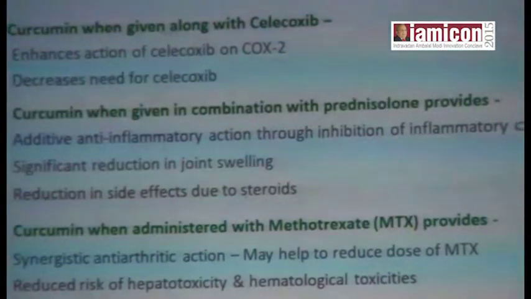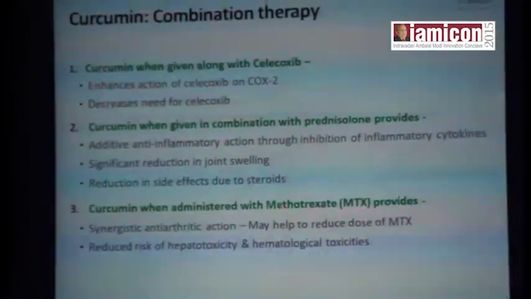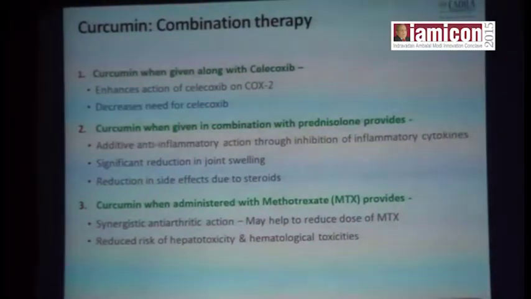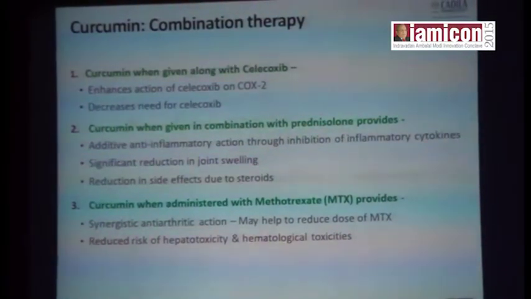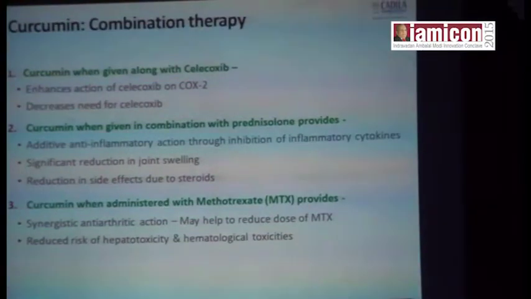When given with celecoxib, it enhances the action of celecoxib on COX-2 and decreases the need for celecoxib. When given in combination with prednisolone, it provides additive anti-inflammatory action through inhibition of inflammatory cytokines. There is a significant reduction in joint swelling and a reduction in side effects due to steroids. Probably the dosage of steroid also may be reduced.